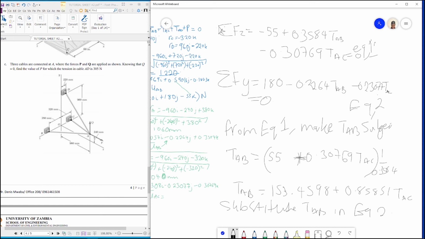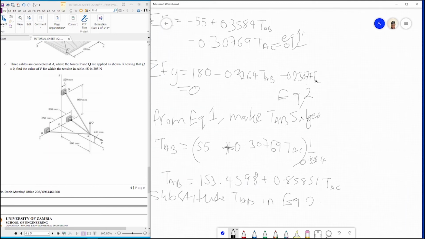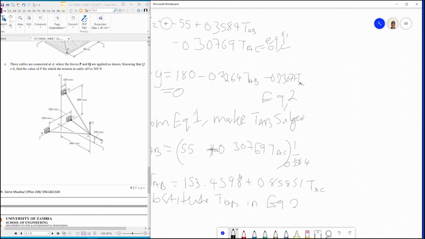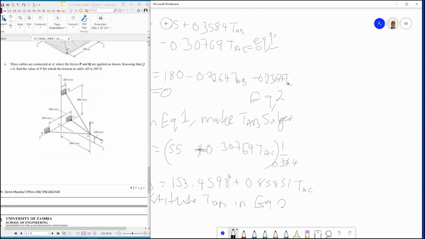Substitute TAB in EQ2. Now this is something which probably we are very familiar with, so I don't think anybody can fail here.